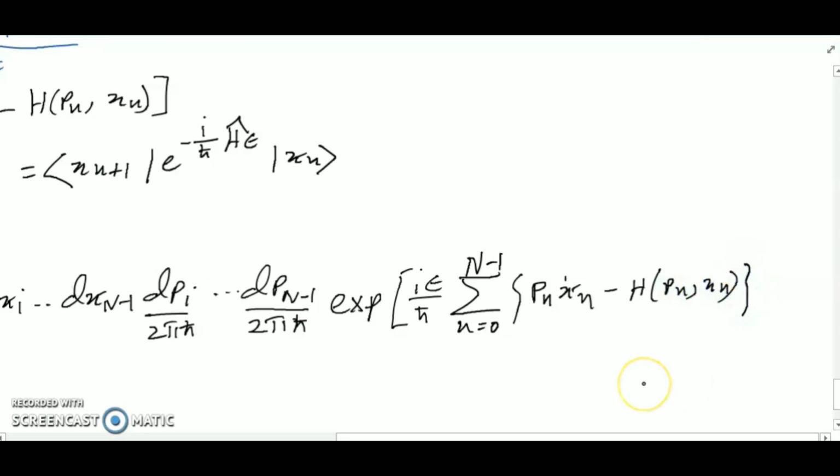So this is my equation, and now you can say this is the path integral over the phase space, also called the Hamiltonian path integral. This equation is the Hamiltonian path integral.